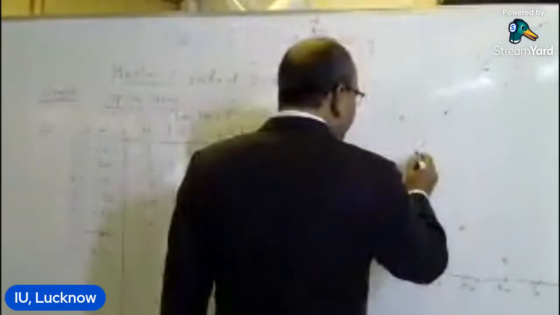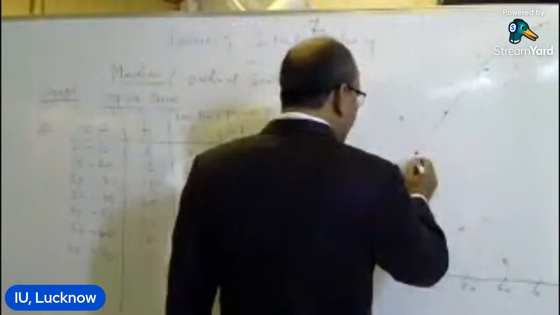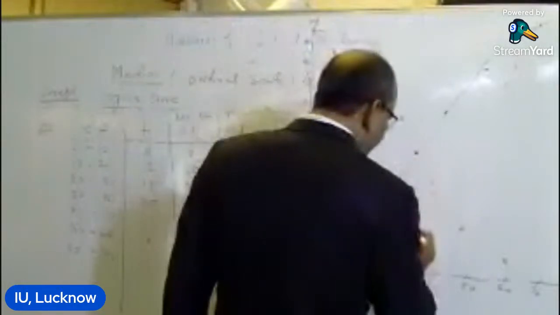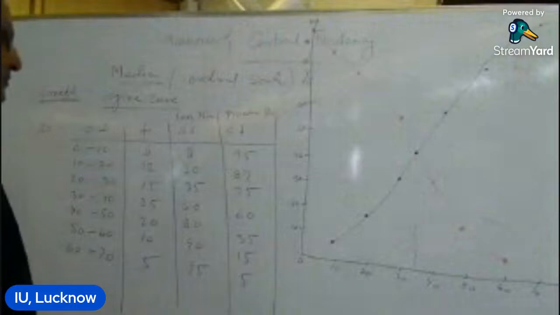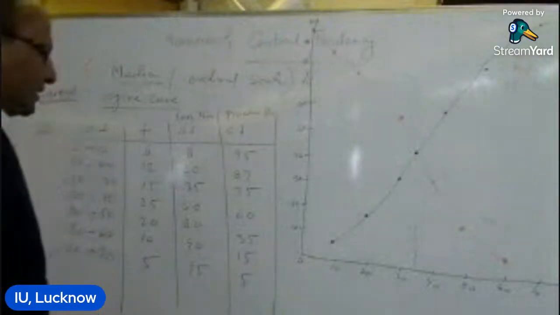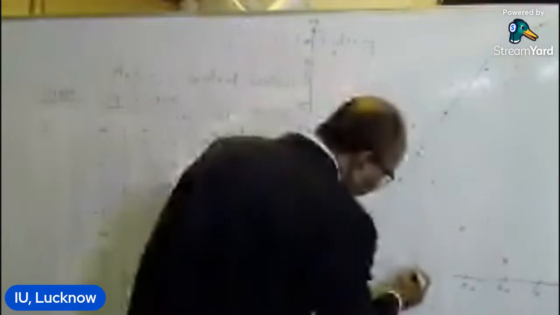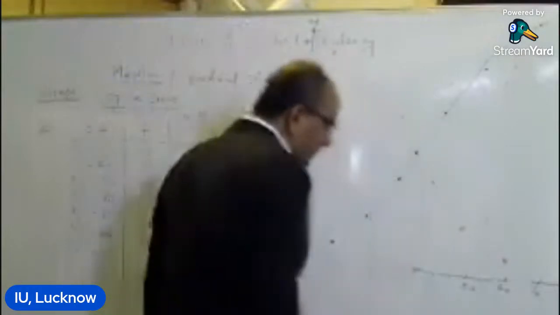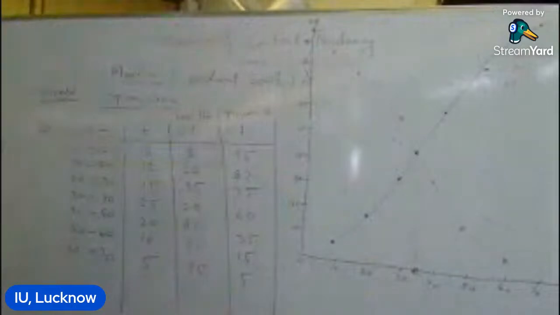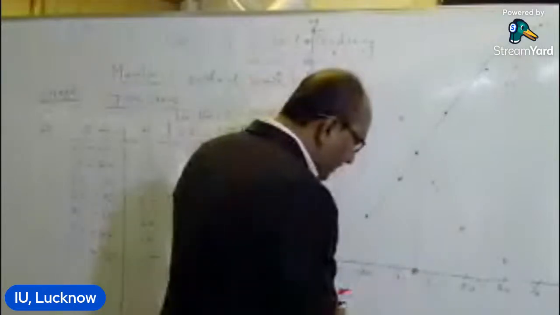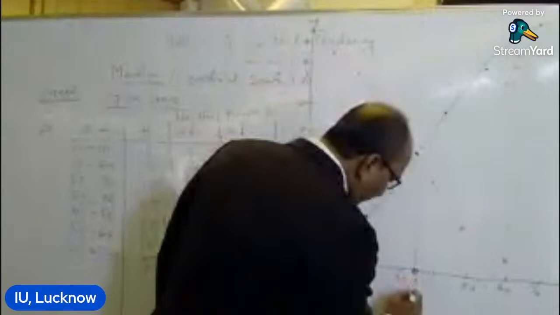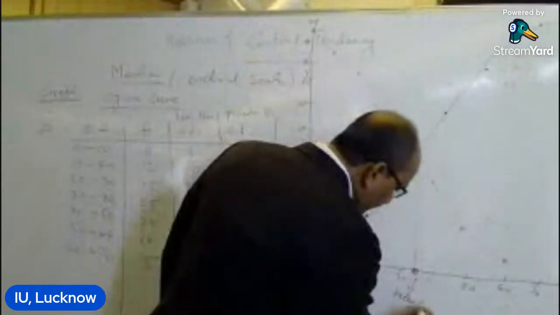If you draw a vertical line from this point to the x-axis, this vertical line will cut the x-axis at a point, and this point is nothing but the value of median.